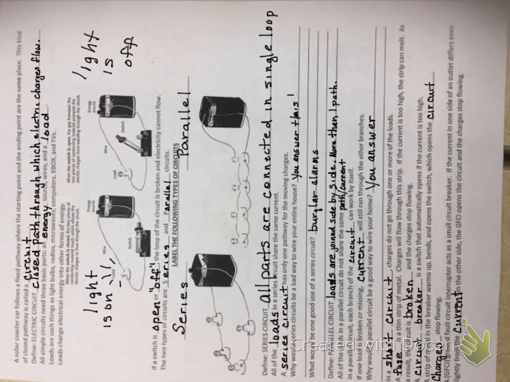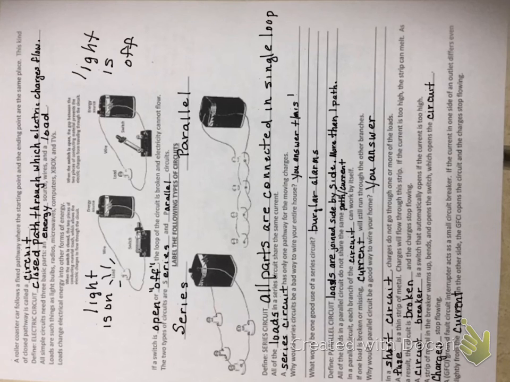And then the last thing, GFCI, ground fault circuit interrupter, acts as a small circuit breaker. Some of the newer hair dryers have GFCI in the plug-in. If you notice when you go to plug it in, you may see a red button or a black or gray button.